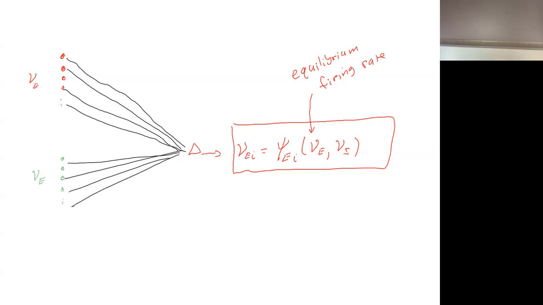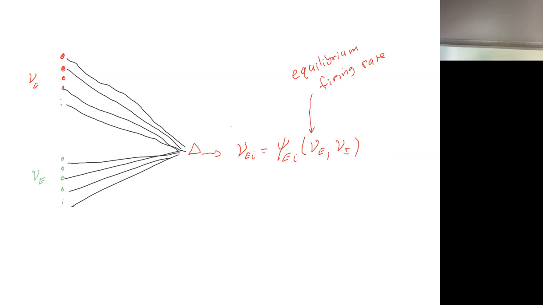And because excitatory neurons are excitatory, the higher the average excitatory firing rate, the higher the firing rate of this neuron. The higher the average inhibitory firing rate, the lower the firing rate of this one.